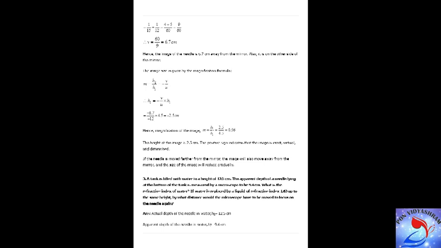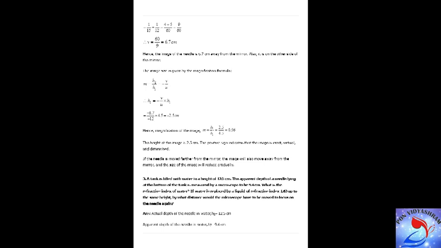So when we calculate it, we'll get the height of the image as 2.5 centimeter. Now if we substitute it in the magnification formula, we can find whether the image has got magnified or reduced in size.